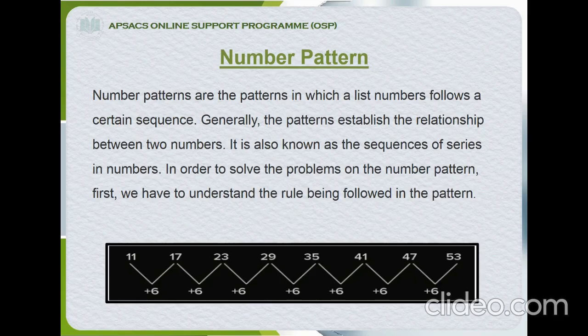For example, the numbers are 11, 17, 23, 29 and so on. If we add 6 to 11, it becomes 17. And when we add 6 to 17, it becomes 23. This is how number patterns move.